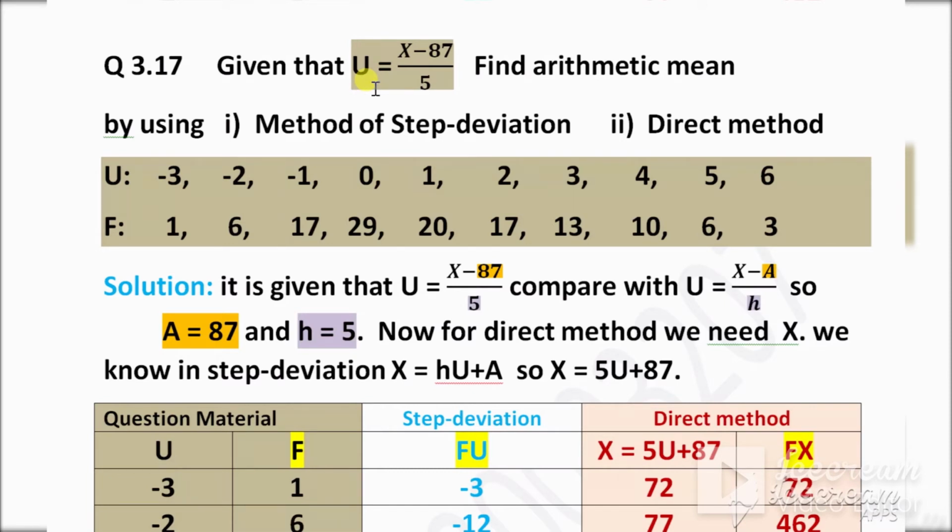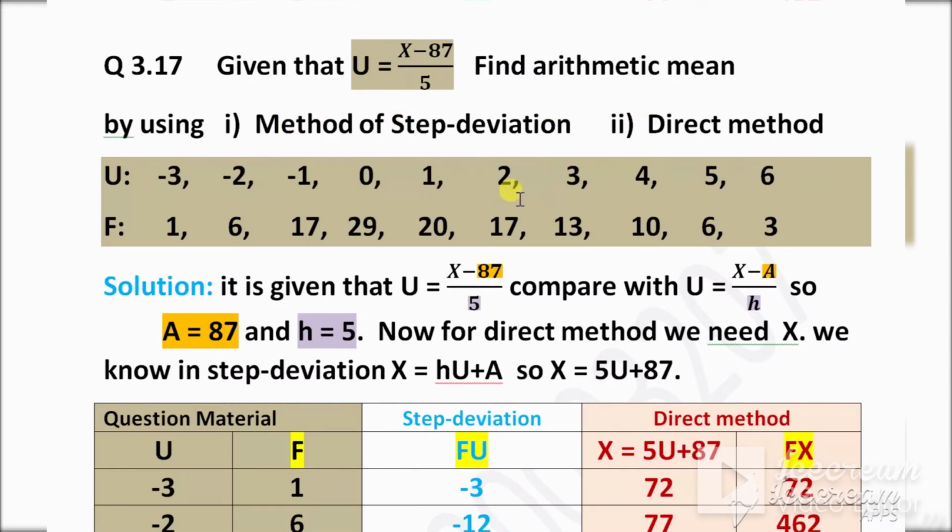In the previous question f and d were given, and in this question u and f are given. So find the mean by the step deviation method and the direct method.